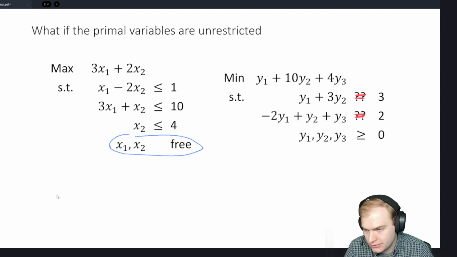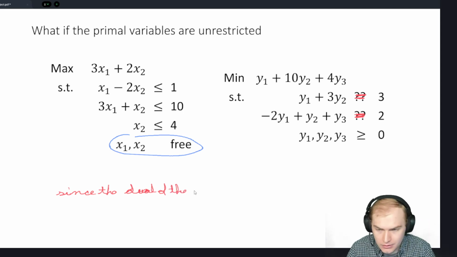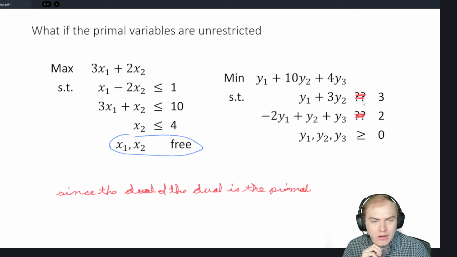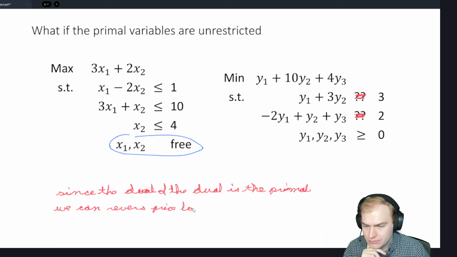So since the dual of the dual is the primal, we can reverse the logic to say that the constraints need to be equations.